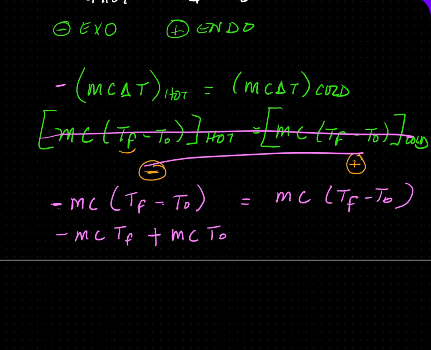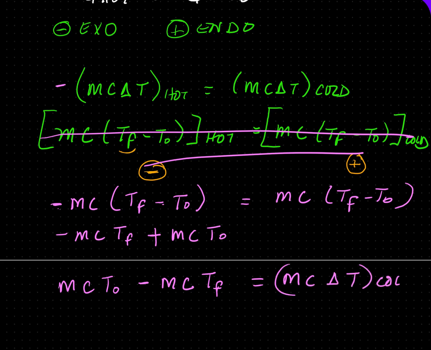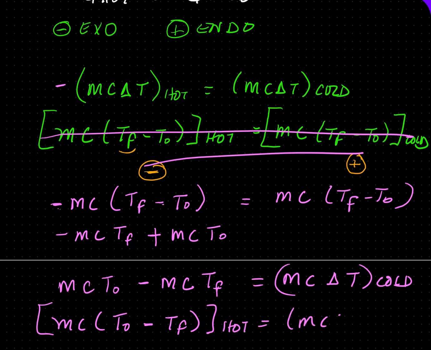If I rearrange this, this is going to be mc T initial minus mc T final. This is still going to equal mc delta T of the cold side. If I factor out mc, this is T initial minus T final. This is for the hot side, and my cold side stays as is.